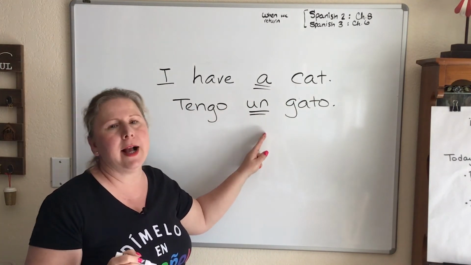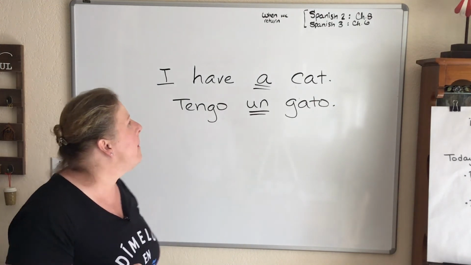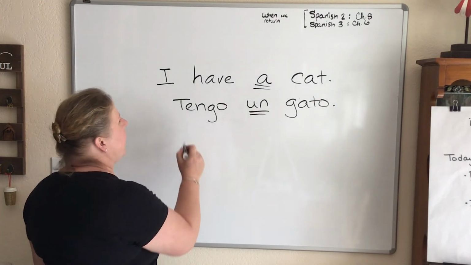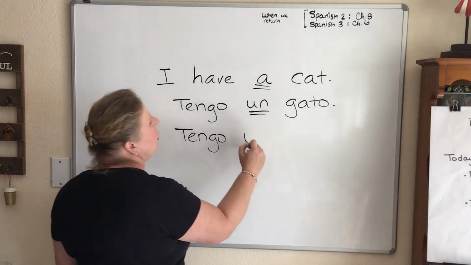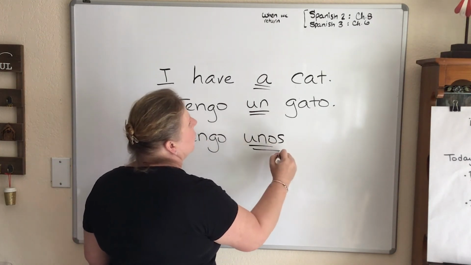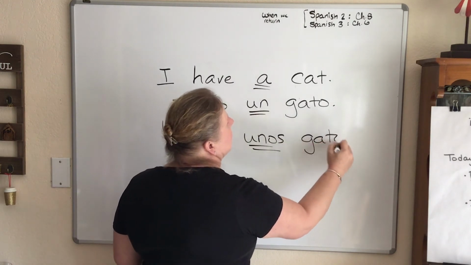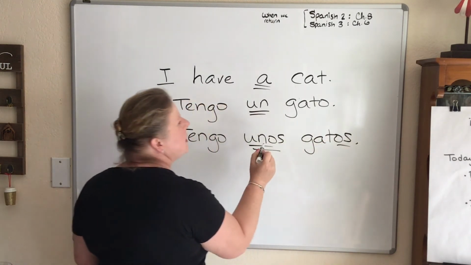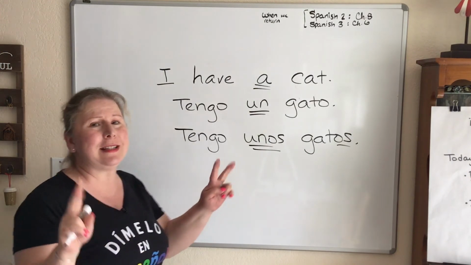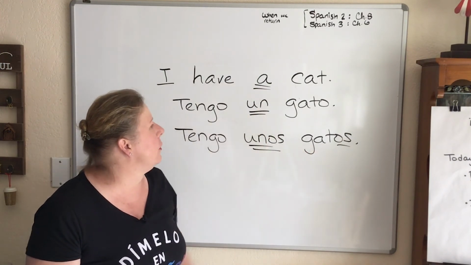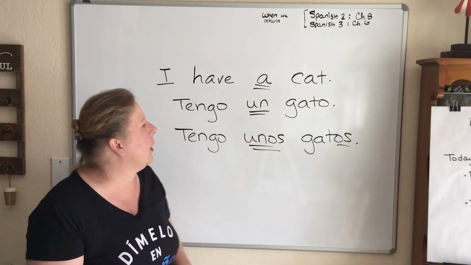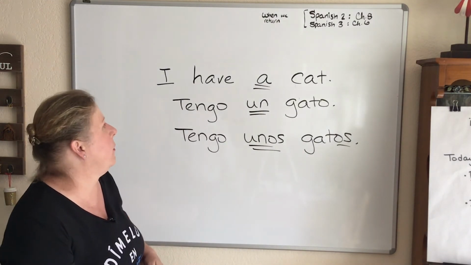So tengo un gato, all right? But if I have multiple cats, the verb stays the same. I have, tengo unos gatos. Notice plural, plural. Spanish likes to be matchy-matchy. So we want to make sure that our articles match our handy-dandy nouns.